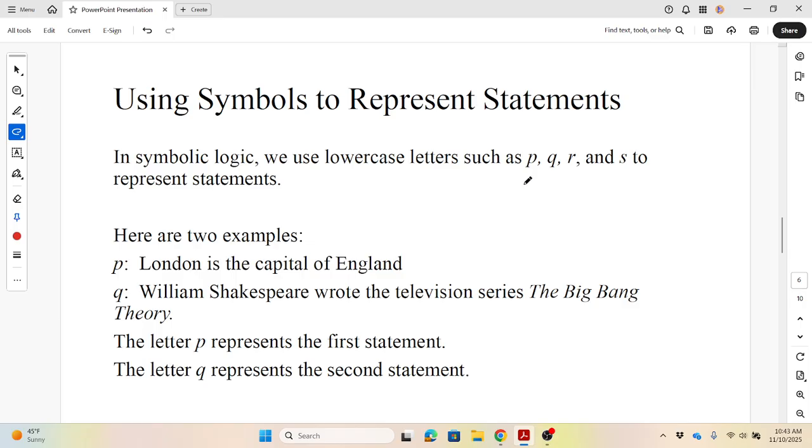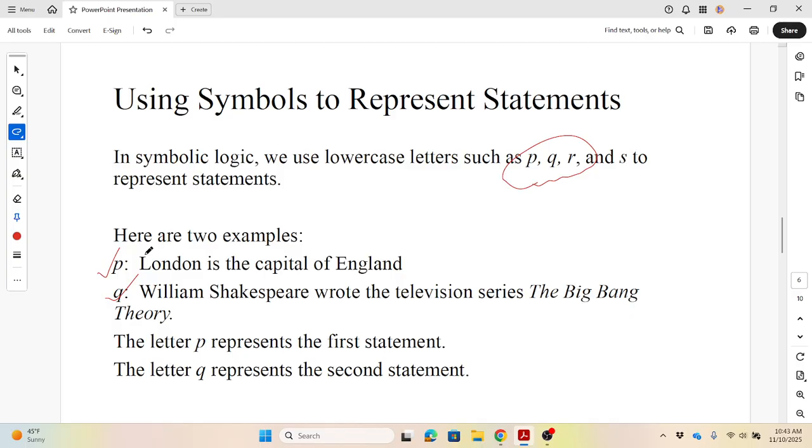We use lowercase letters to represent statements. For example, I can use lowercase letter p for London is the capital of England, and q for William Shakespeare wrote the television series The Big Bang Theory.